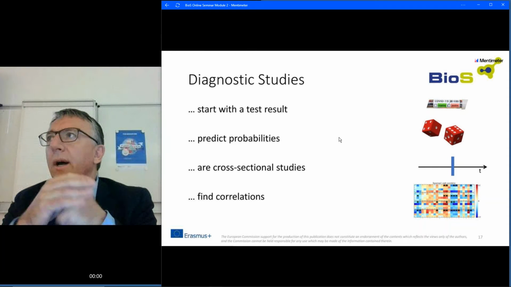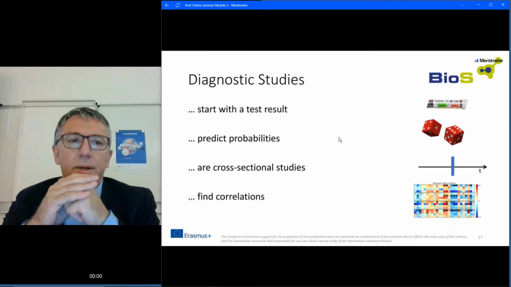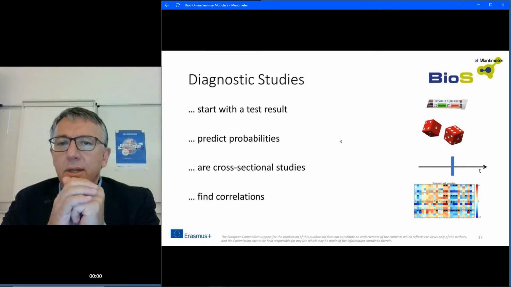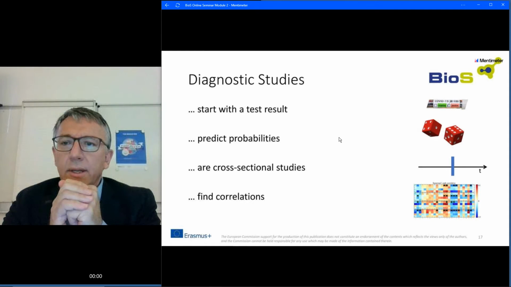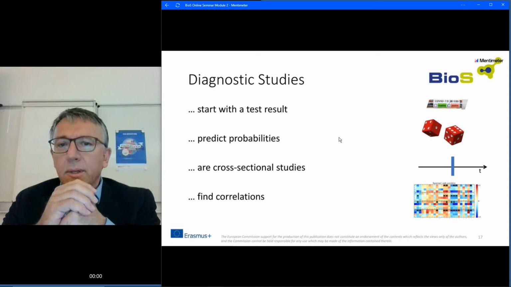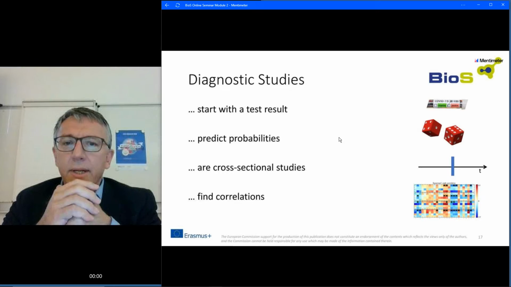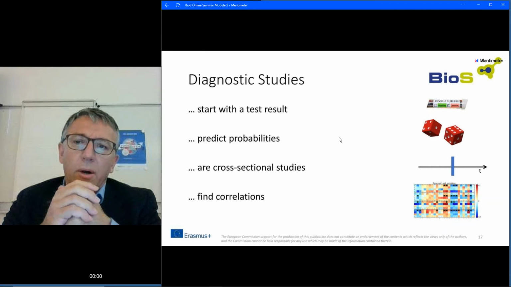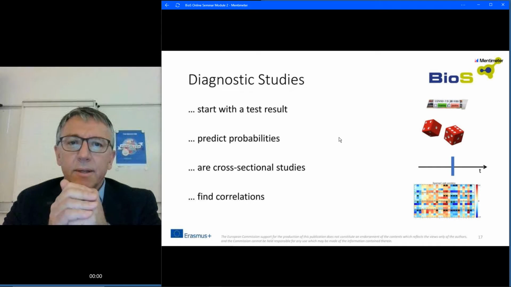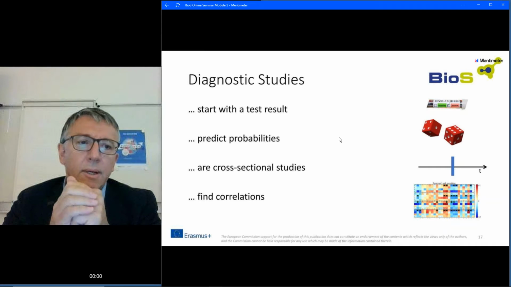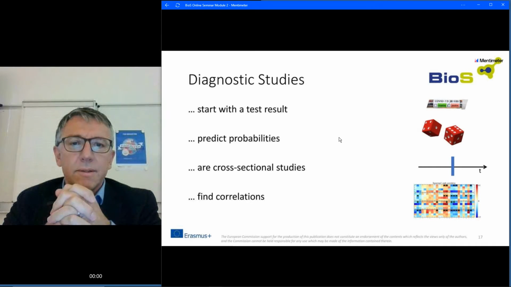It's a dichotomous outcome in which either you have a positive or negative test result. And with this test result, interestingly, you don't have an answer, but you predict probabilities. So you predict a probability of a patient having the disease or testing positive for the disease.